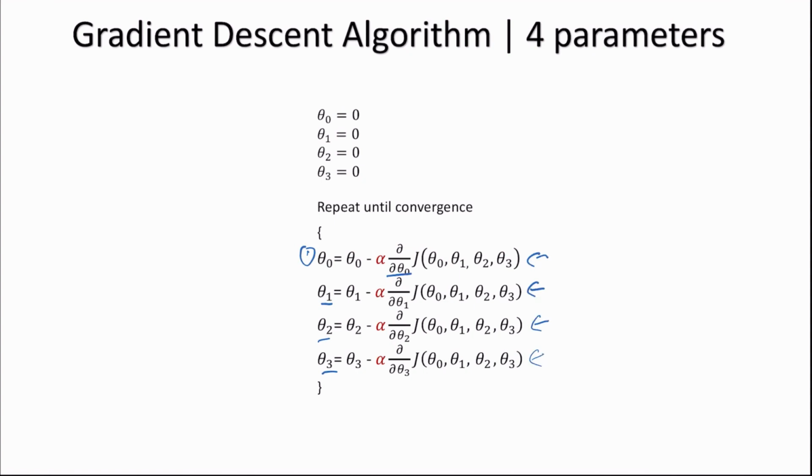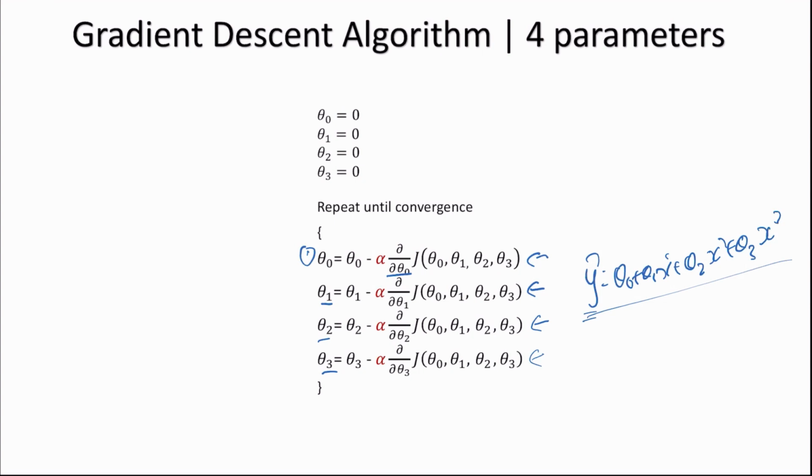At that point we stop the algorithm, we read what values of theta 0, theta 1, theta 2, and theta 3 we have, and we use that in our final regression line, y hat equals theta 0 plus theta 1 x1 plus theta 2 x2 plus theta 3 x3, and we then use this final regression line to come up with predictions for temperature.